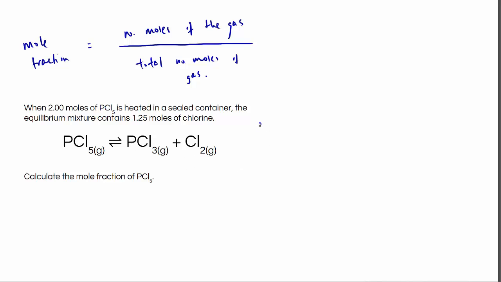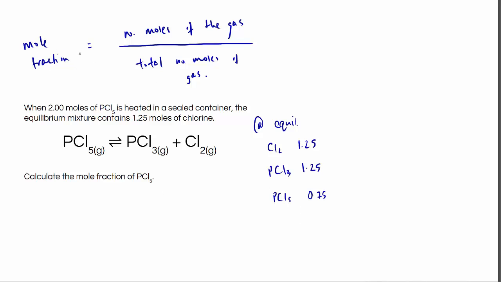So at equilibrium, we would have Cl2, 1.25, we're told that in the question. PCl3 must be the same because we don't start off with any, it all comes from the PCl5. Now if 1.25 and 1.25 have been produced, that means 1.25 must have reacted, but given there was 2 to start with, that means 2 minus 1.25, PCl5 must therefore be 0.75.